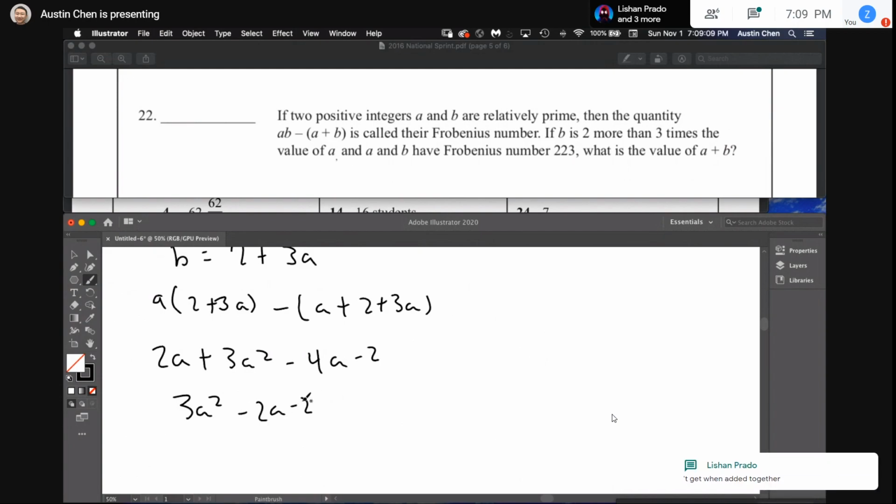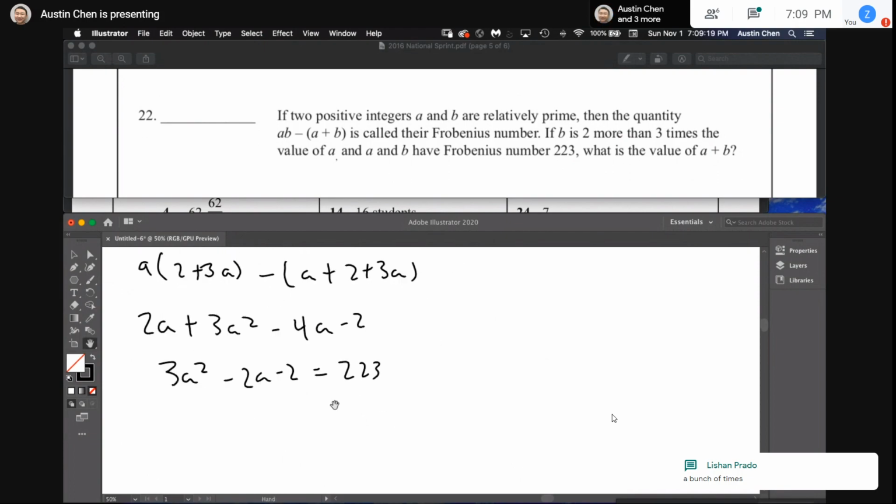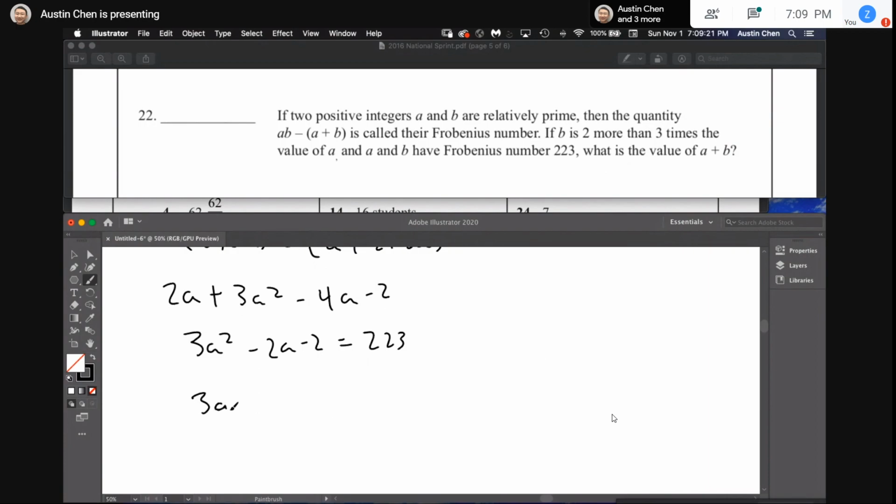So this is their Frobenius number, and it tells us that this is equal to 223. So we can try solving for a like this. So then we'll have 3a squared minus 2a minus 225 is 0.